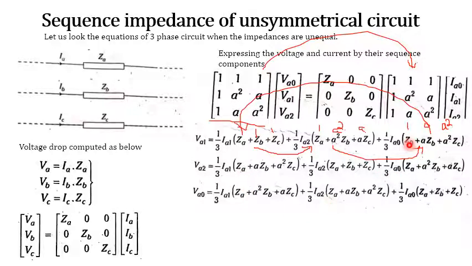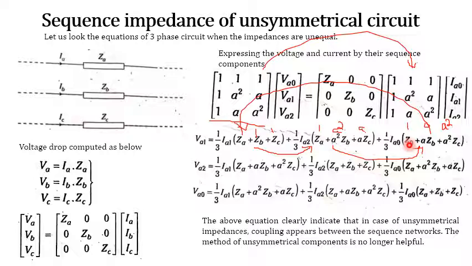So what is the conclusion from this? We can conclude that this clearly indicates that in the case of unsymmetrical impedances, a coupling appears between the sequence networks.